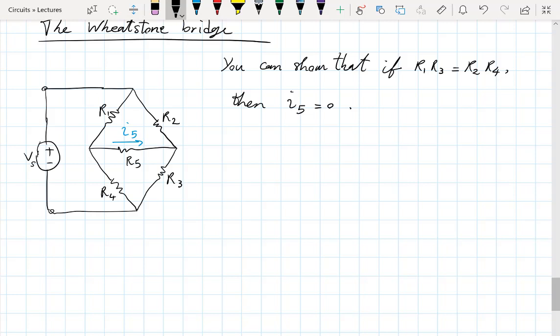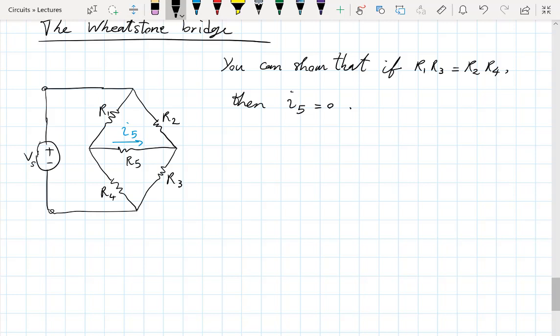This is not just for fun. It also has utility. This is a type of bridge that's used, for instance, to measure resistance. Let's say you have two resistors, R1, R2, and then R3 is a variable resistor, and R4 is an unknown resistor.